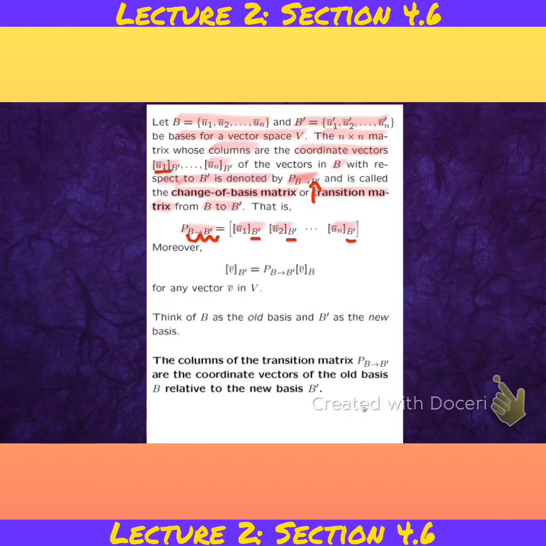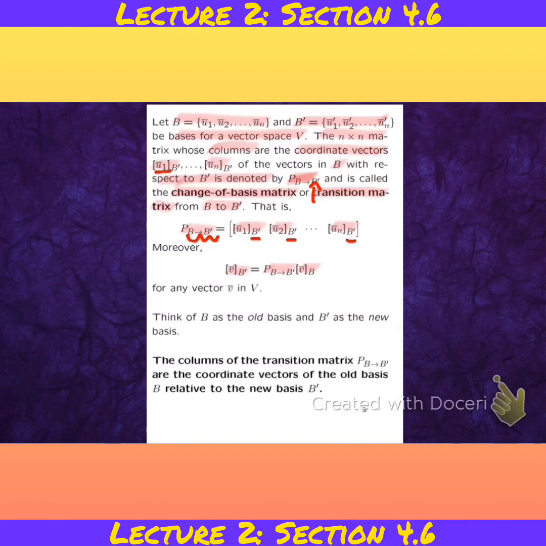Right, so now I want to look at the coordinate vector of v with respect to the basis B prime, and all I do is I work out the coordinate vector of v with respect to the basis B, and I multiply that on the left with the change of basis or transition matrix, and that will give me the required vector.